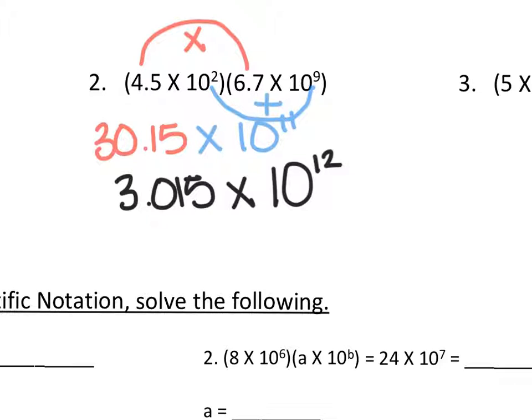Because think about it, and this is the way to think about it, maybe if you needed a visual. If I were to expand this, I would move this decimal how many places? 11, right? Now for this one, if I want to expand this, I need to move my decimal how many places? 12, because I just have an extra space, right?